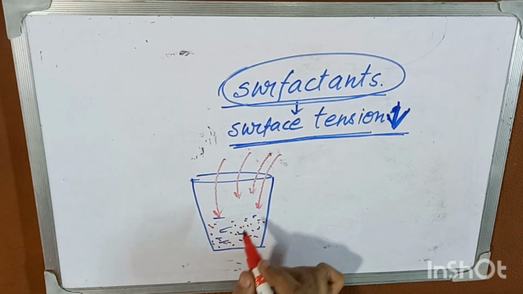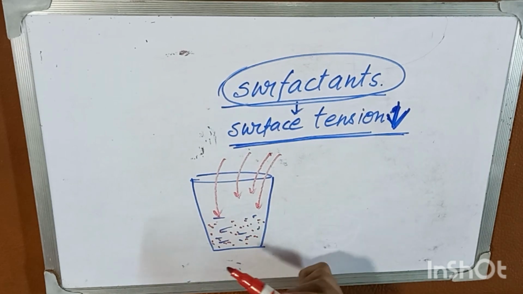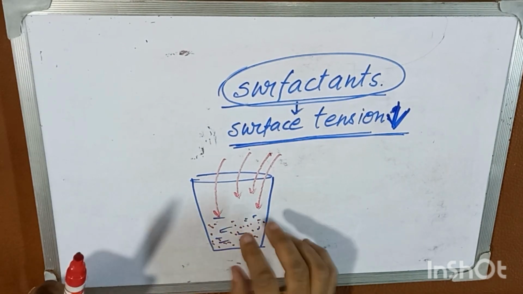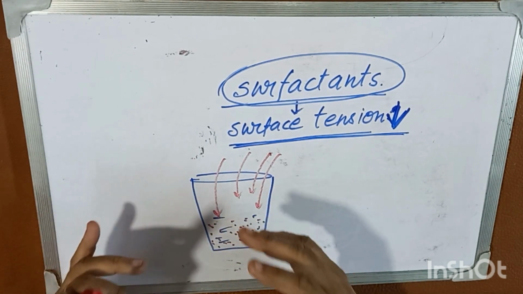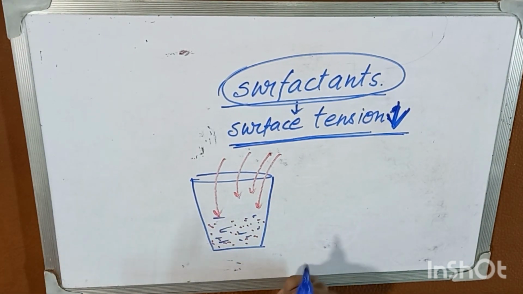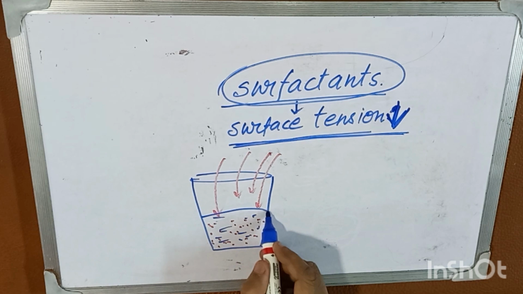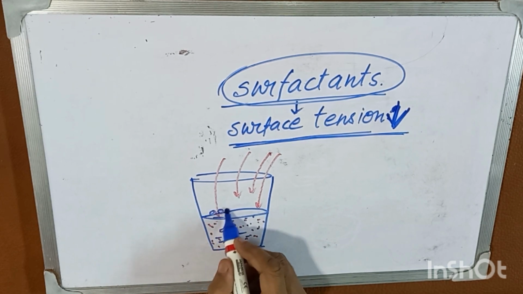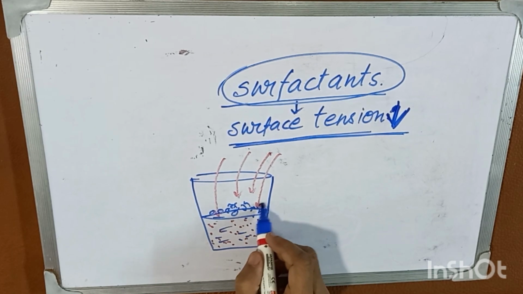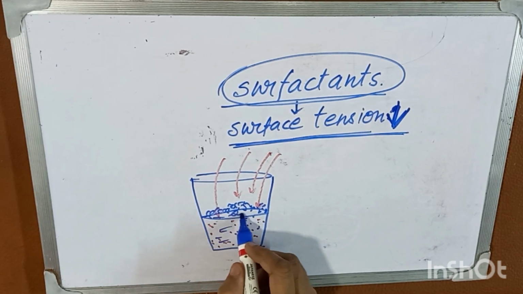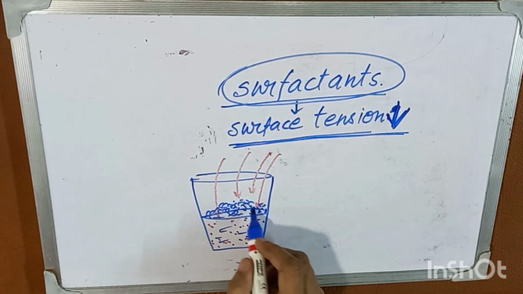And so if we now try to froth this soapy water with a hand, because of the decrease in surface tension, originally the surface of water was only this. Now there will be bubbles appearing on this water, a huge frothing.